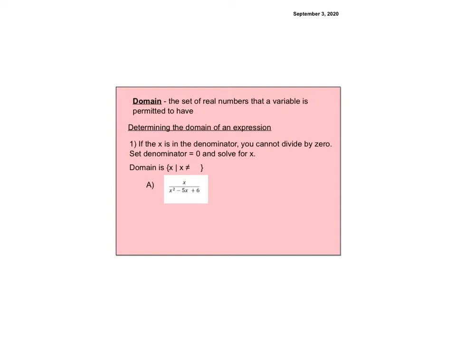Because you have a polynomial in the denominator, and we've got an x in the denominator, basically you cannot divide by 0. So what we're concerned about is how x squared minus 5x plus 6 can equal 0. So let's set our denominator equal to 0.